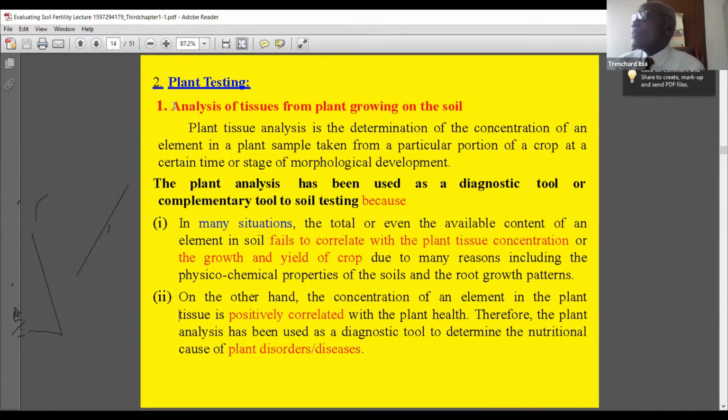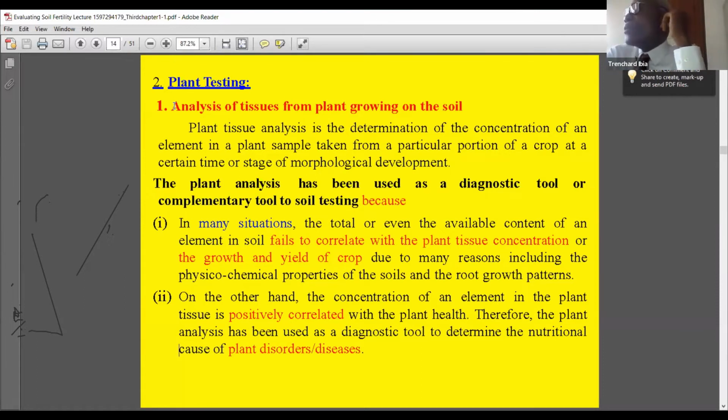On the other hand, the concentration of an element in the plant tissue is positively correlated with the plant health. Therefore, plant analysis has been used as a diagnostic tool to determine the nutritional cause of plant disorders, stroke diseases. So when once in a while you see some plant behavior, you can do plant tests to establish a relationship, to take some decisions.